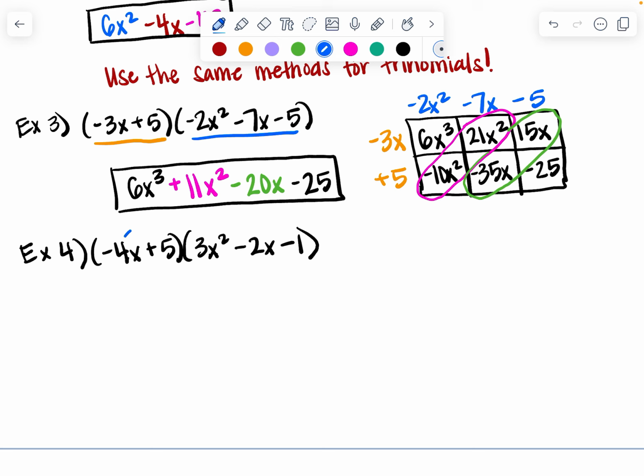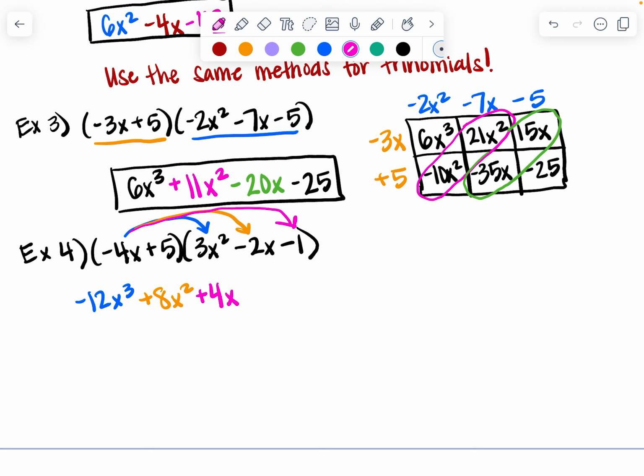So negative 4x times 3x squared is negative 12x cubed. Negative 4x times negative 2x is positive 8x squared. And negative 4x times negative 1 is positive 4x.